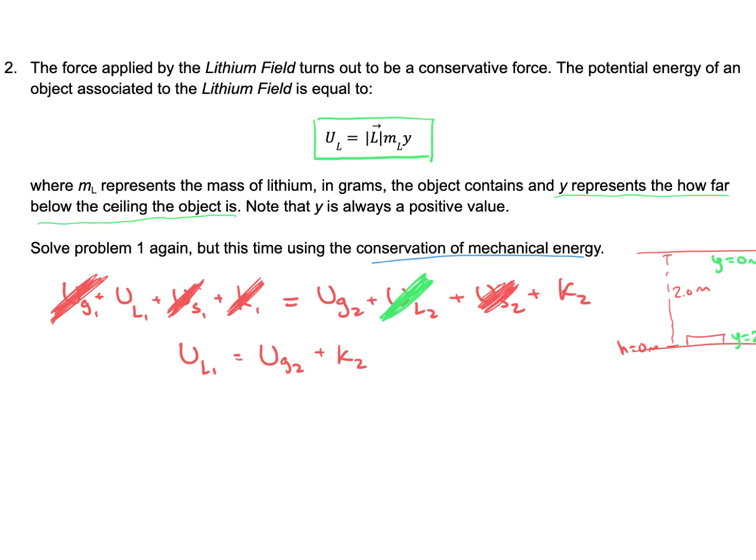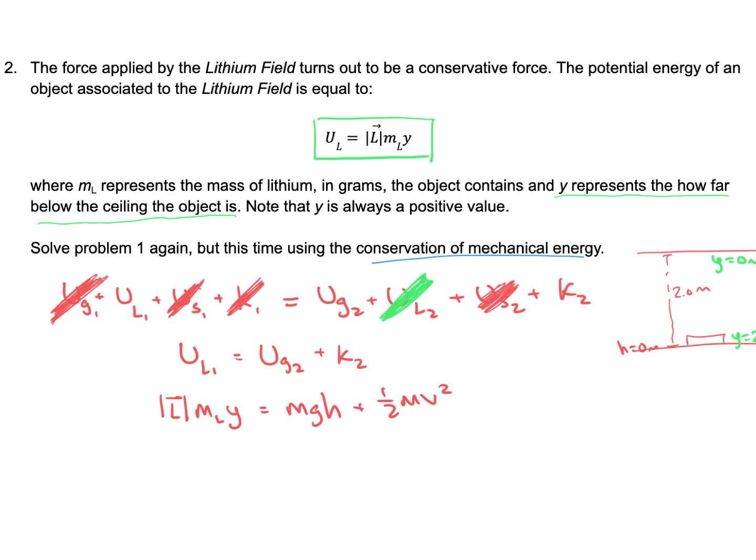So substituting with the formulas, you use the formula given for this make-believe field, and mgh for gravitational potential, and half mv squared for kinetic. Now, be careful with the m's. There are 2 different m's.